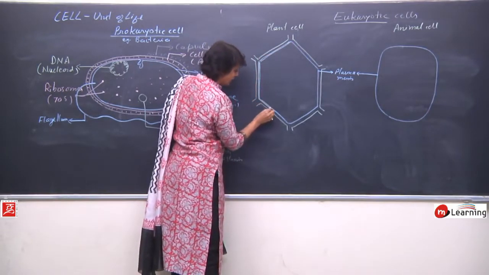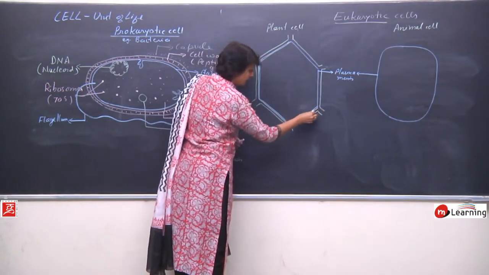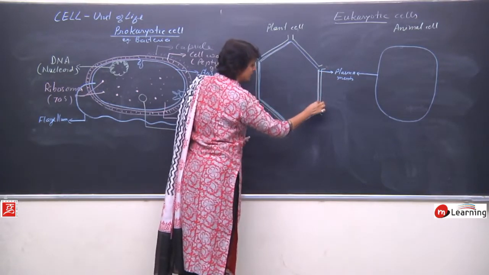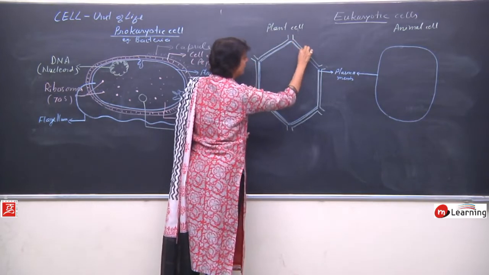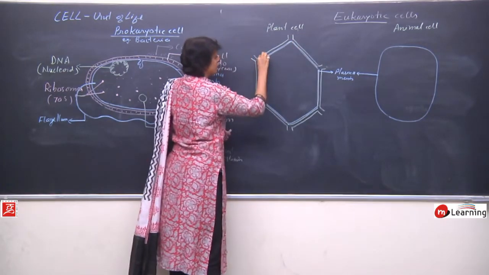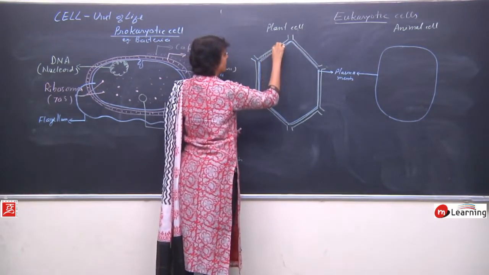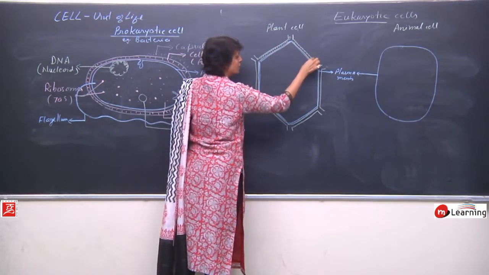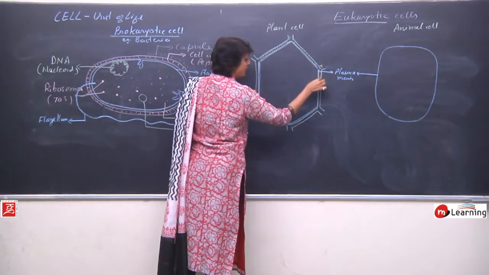Cellulose is a polysaccharide which makes up this cell wall, which is found in plant cell. It is absent in animal cell. So this is one distinguishing feature between plant cell and animal cell.